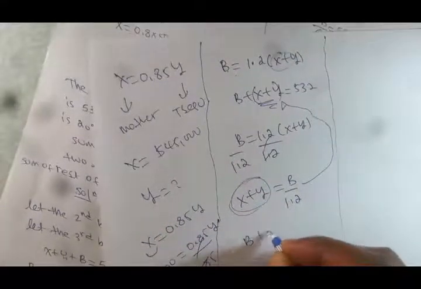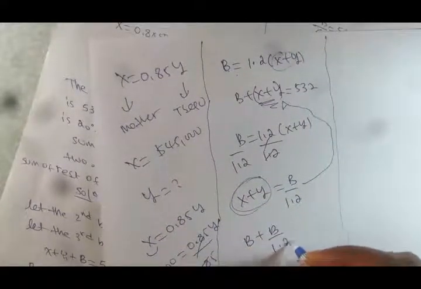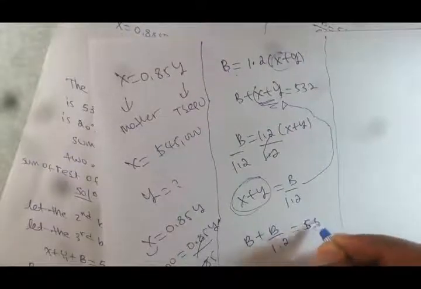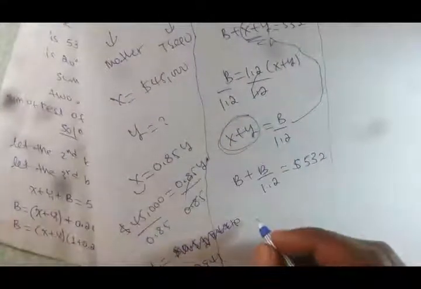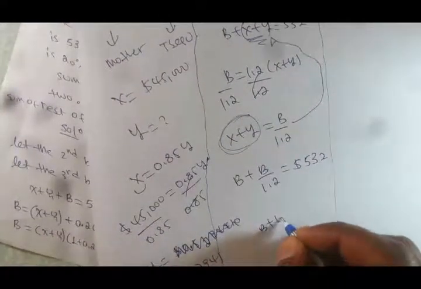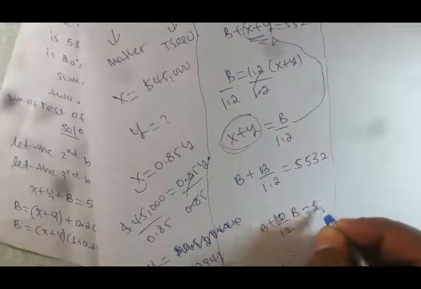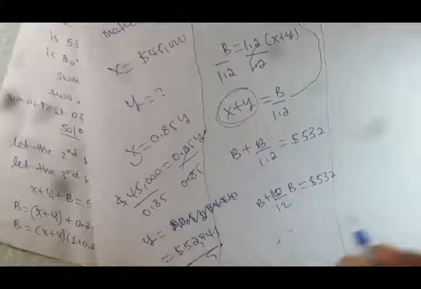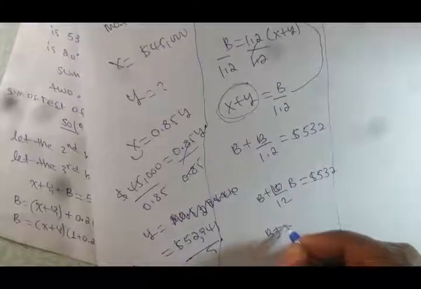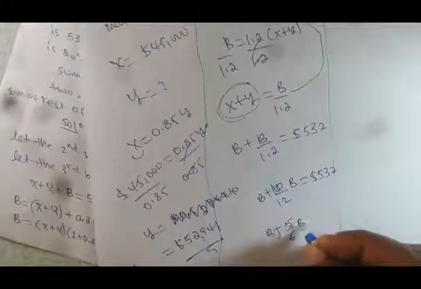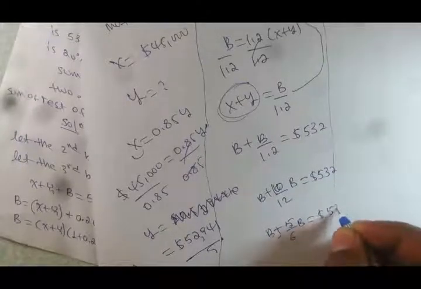Therefore, b plus b over 1.2 is equal to $532. This is equal to b plus 10 over 12 b, which is b plus 5 over 6 b, equal to $532.